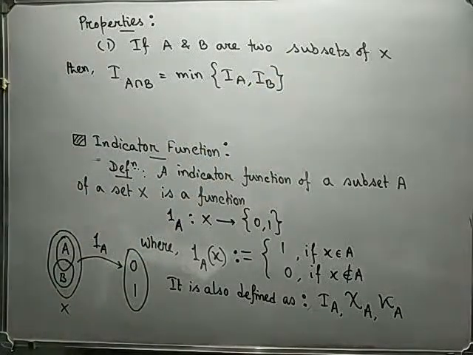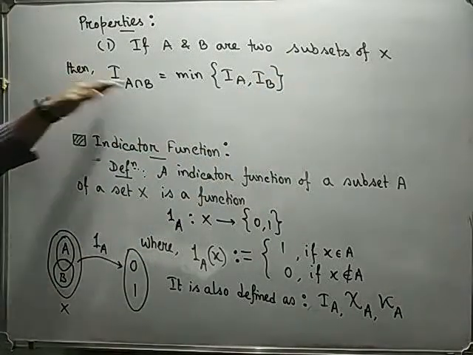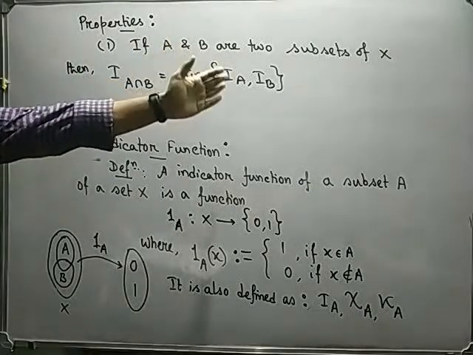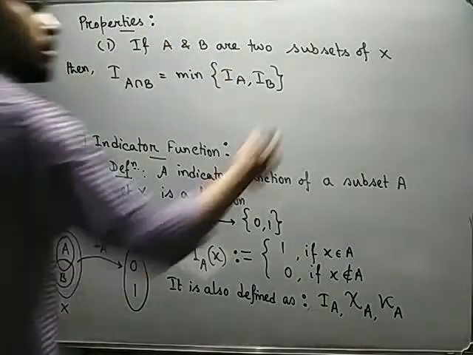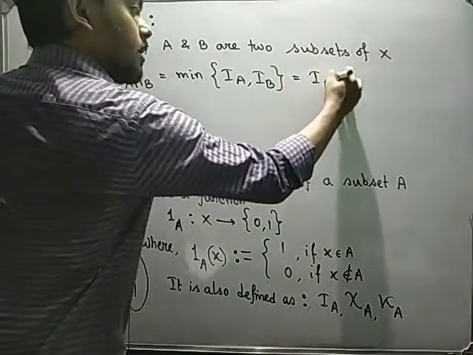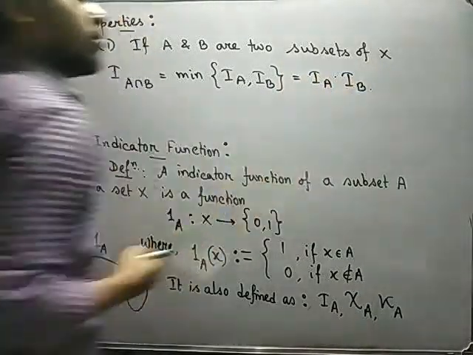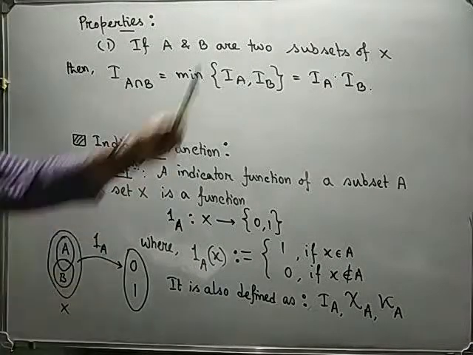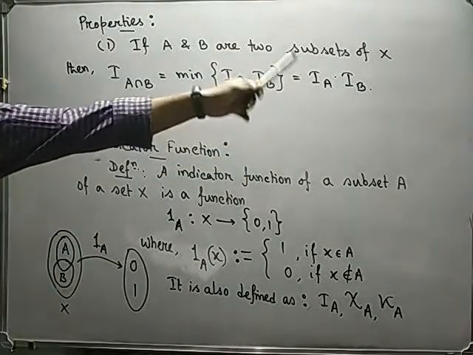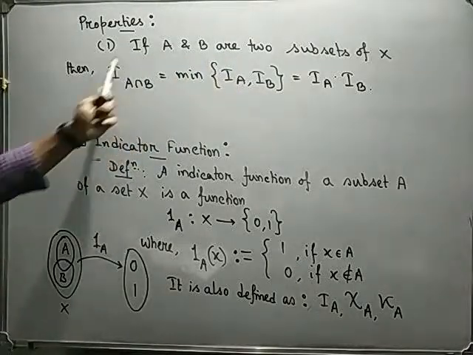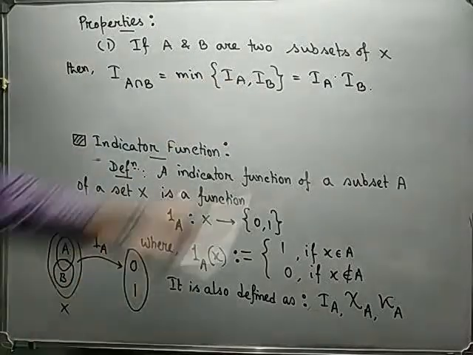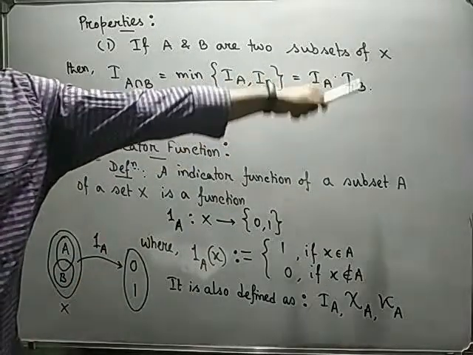I'm not proving any part. So I of A intersection B can be defined as minimum of IA and IB, and which is basically IA into IB. So that means I of A intersection B will take the value 1 if IA equal to 1 and IB equal to 1.